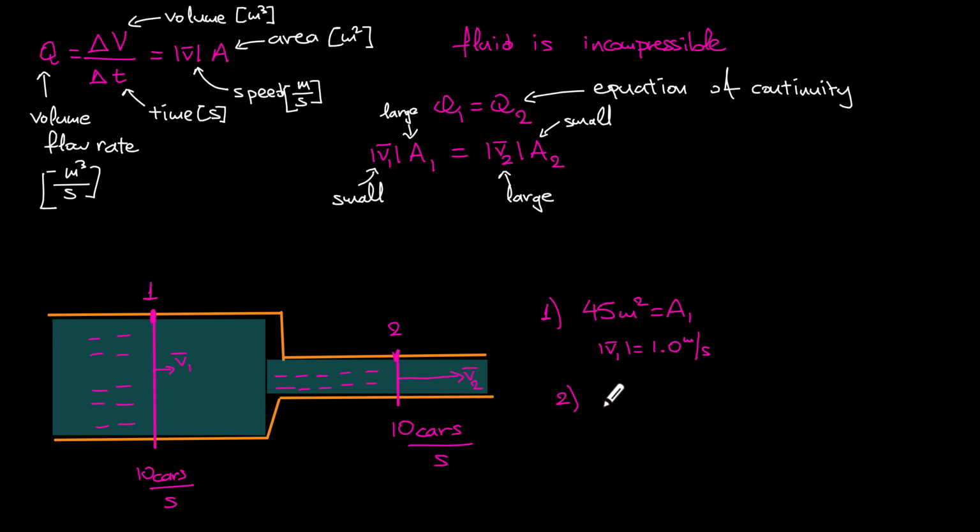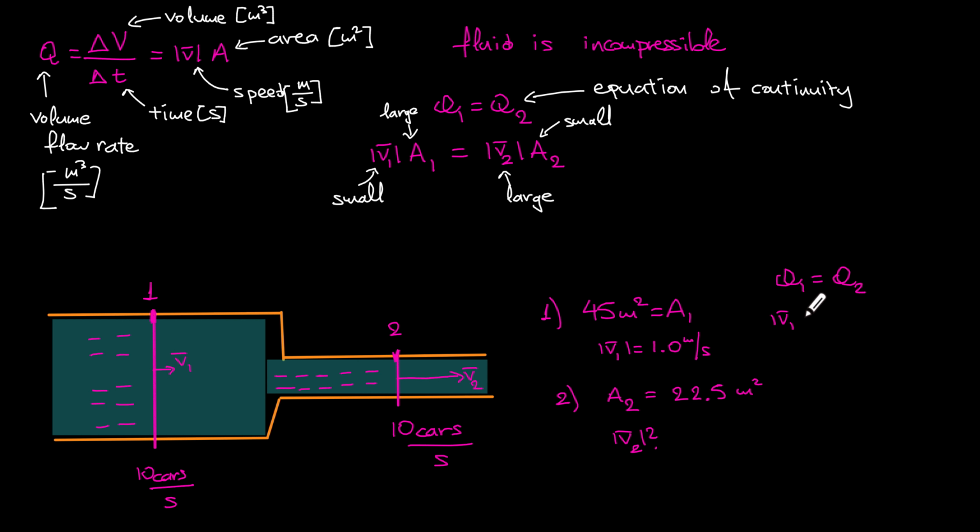Then at location 2, if I know that the area at location 2 is 22.5 meters squared, I can find the speed of the fluid at location 2 by saying, assuming my fluid is incompressible, the two volume flow rates need to be the same.